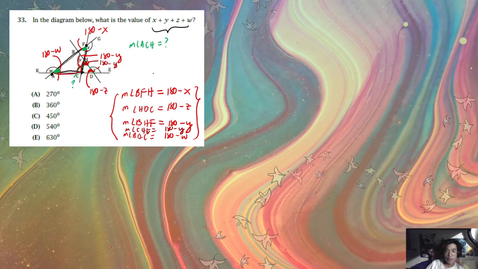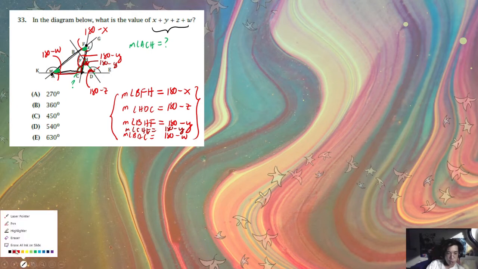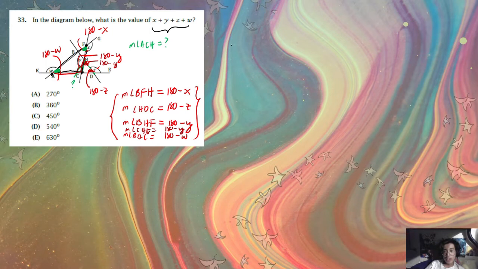So what can we say about exterior angles, guys? Exterior angles are angles whose measure is equal to the sum of the two remote interior angles. And what are the two remote interior angles on this figure?